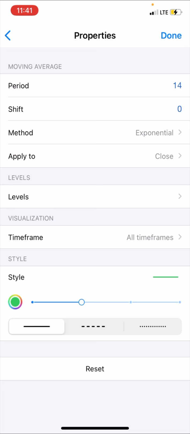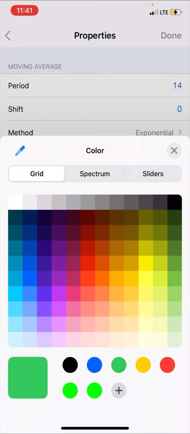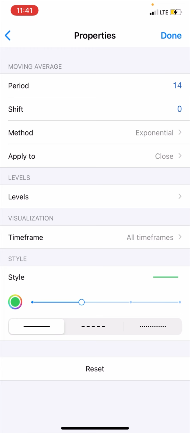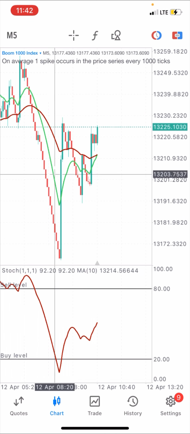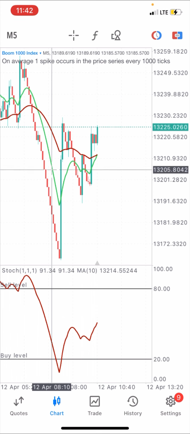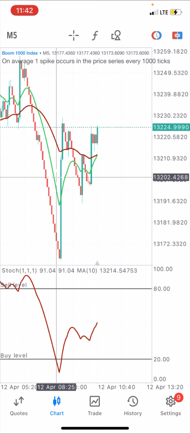And if your chart is the black background, you can try to use colors that will be visible on your chart, bright colors especially, right? So here I'm using the green for styling. You just make sure you use green and then leave it at 2 pixel, right? Second pixel is fine. So you just click done and you will have this first guy here, the green moving average on your chart.